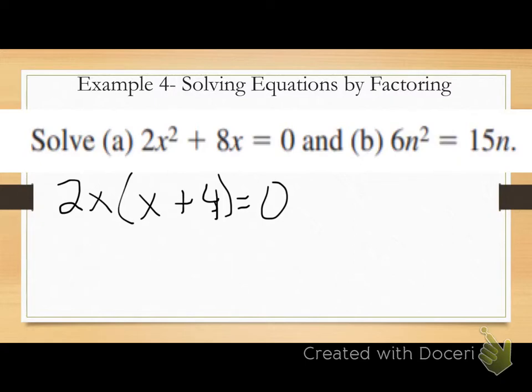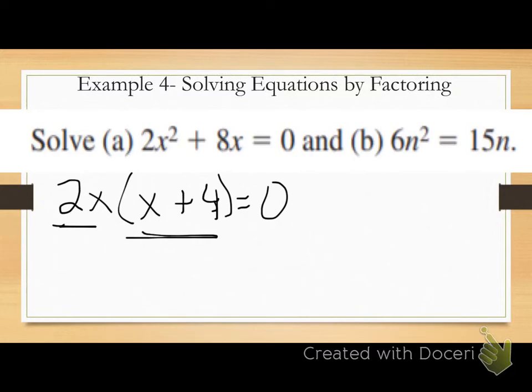So this is where our zero product property comes in. Okay? Anything times what would give me 0? 0. So I've got two things being multiplied here, right? I've got a 2x and an x plus 4 being multiplied.